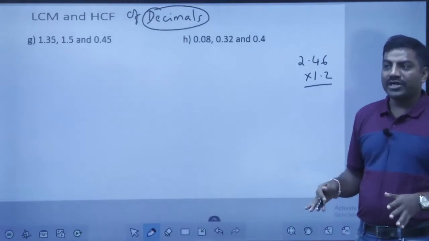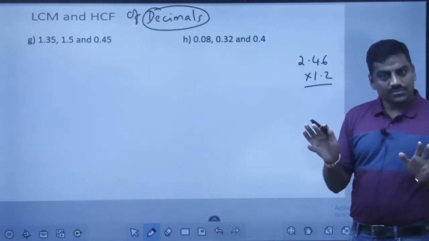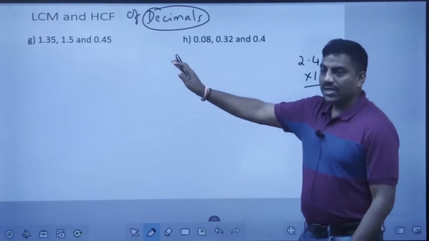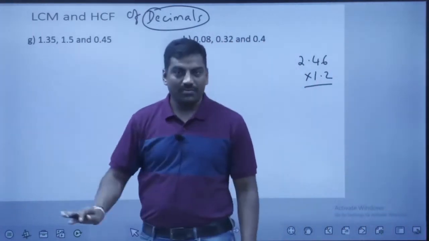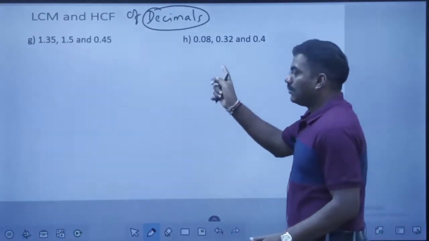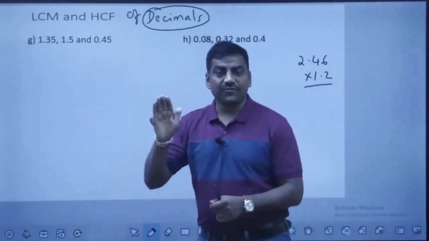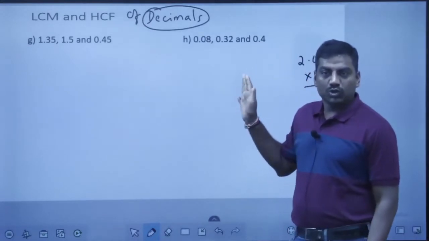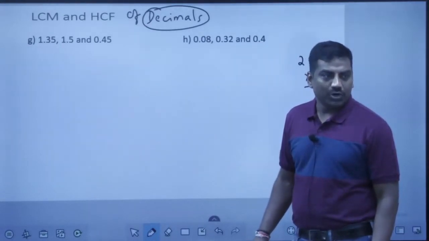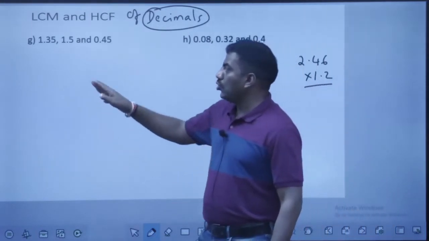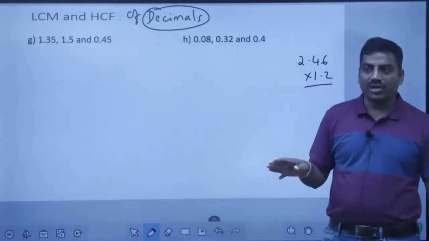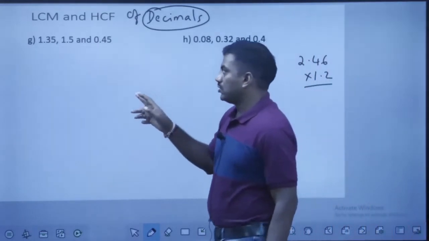First, don't consider the point at all. Do the sum. Then give the point back. Similarly, here we have to get rid of the point of all the numbers. So we have to shift the point towards the right so that there is no point in any number. Getting my point? Whatever you do for one number, you have to do for the other numbers also.